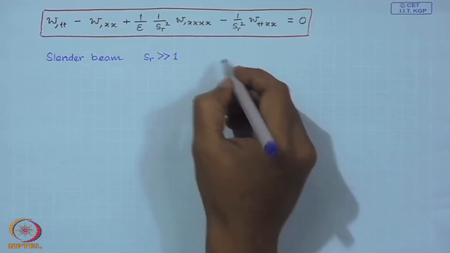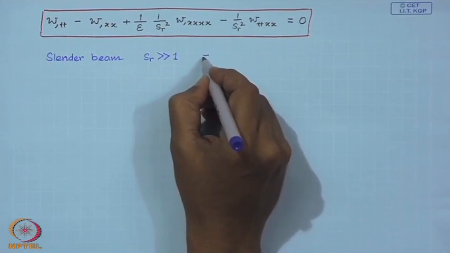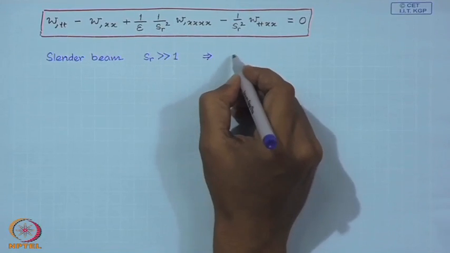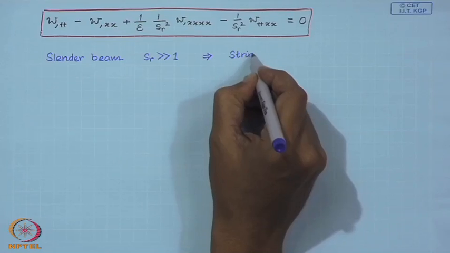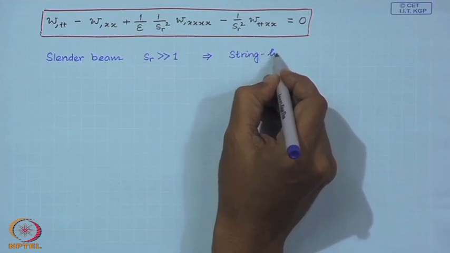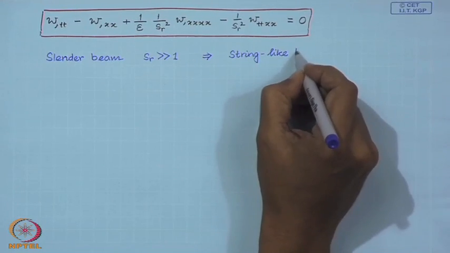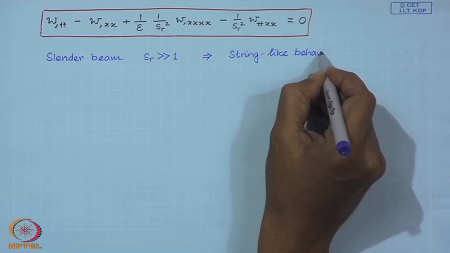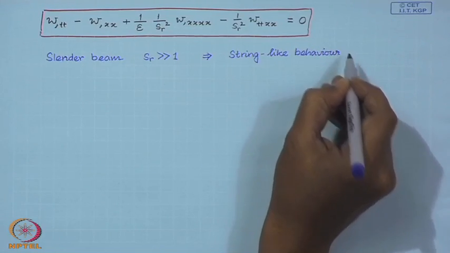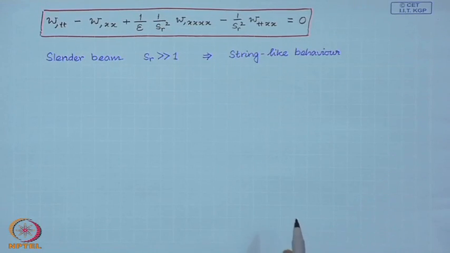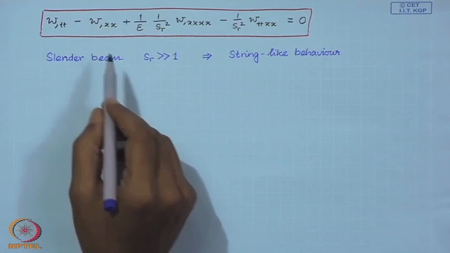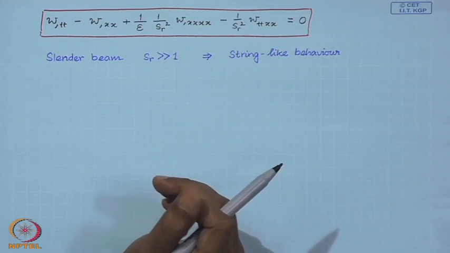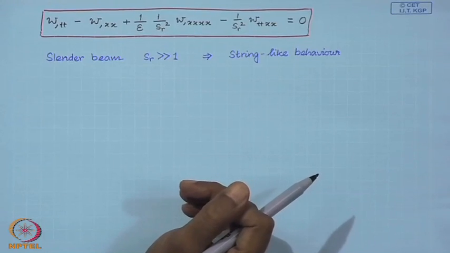In that case, we expect a string-like behavior. In other words, we can treat a very slender beam under tension like a string.